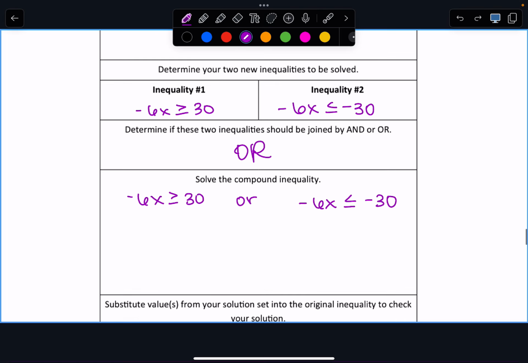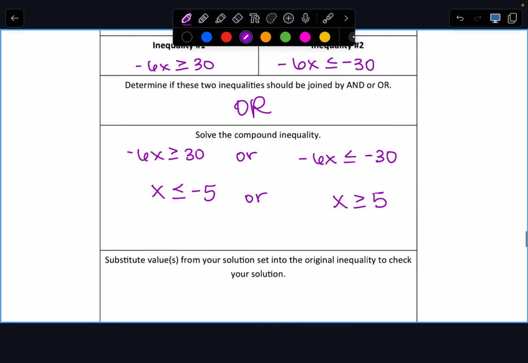So when we divide by -6, our inequality sign has to change. Now, these inequalities make a lot more sense. X is less than or equal to -5, or X is greater than or equal to 5. Right?